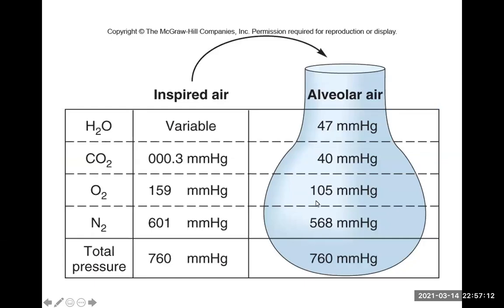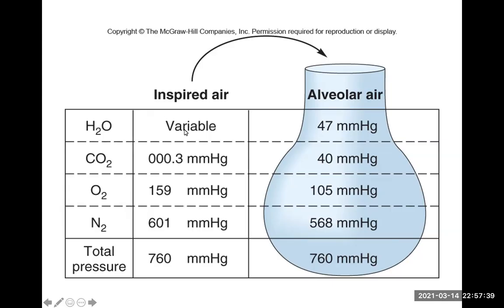Here is the same kind of example with inspired air versus alveolar air. So this is breathing in, the different types of gases here, and then the total pressures. So inspired air, water is variable, obviously depending upon the environment that you're in. In California, it's very dry, but in, let's say, North Carolina or Texas or some of the southern states, super humid.